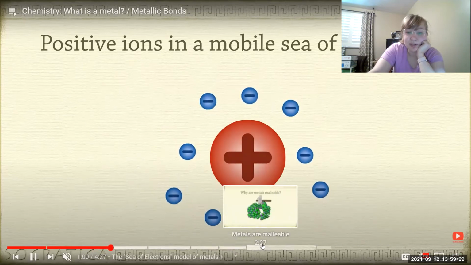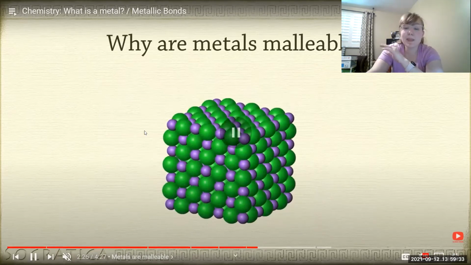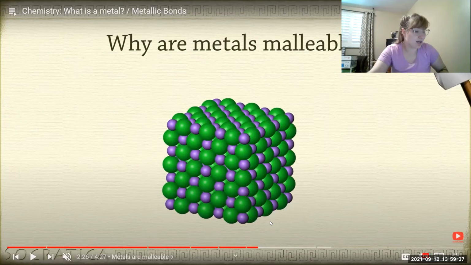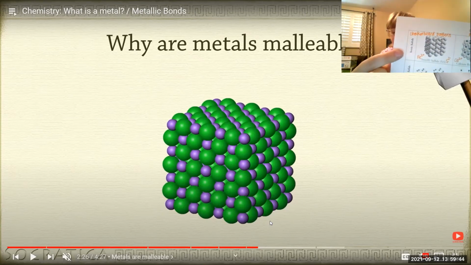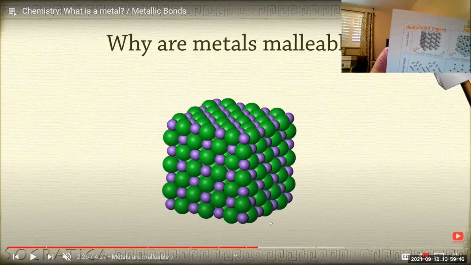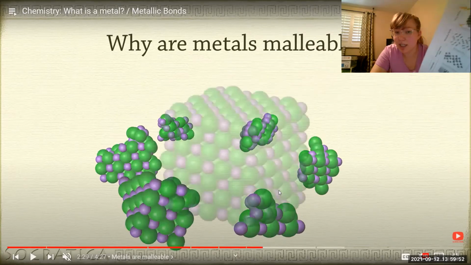Okay, now this is what we were talking about before. If you take an ionic compound, the one from up here, the checkerboard, look what happens to the checkerboard when we smash, oh, see how it was brittle and it just broke?